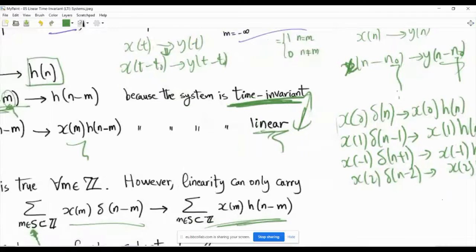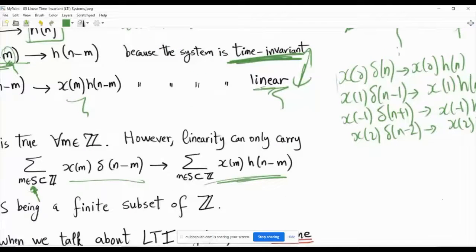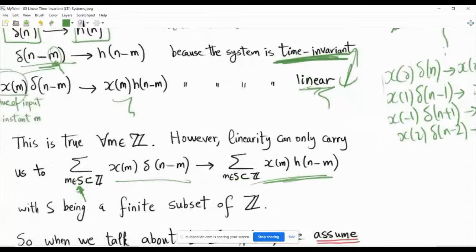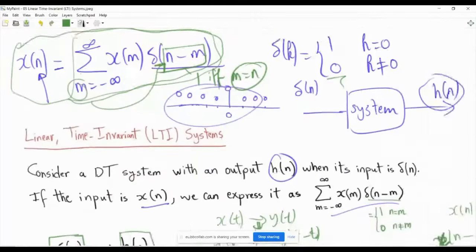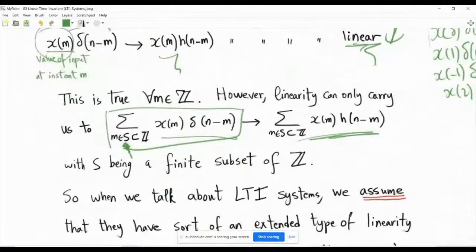We want to make this summation over the integers. Why? Because if we sum over the integers, this thing here will exactly be equal to x of n, as I argued. So we will assume that our linear time invariant system is not just linear as defined previously, but that its linearity extends to infinite linear combinations of inputs.